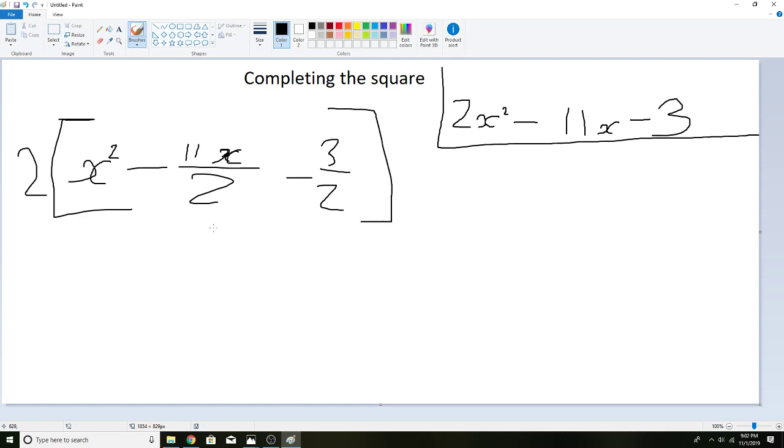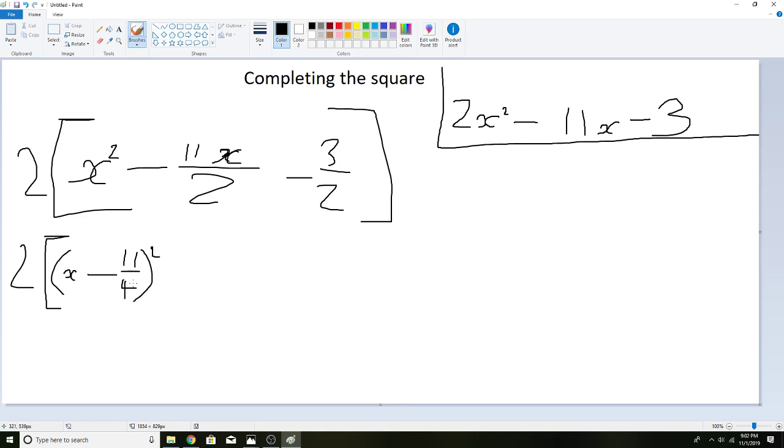Now we can do the usual process. So the brackets again. So 11 over 2, if you divide that by 2 again, remember it's a minus, it'll be 11 over 4 squared.